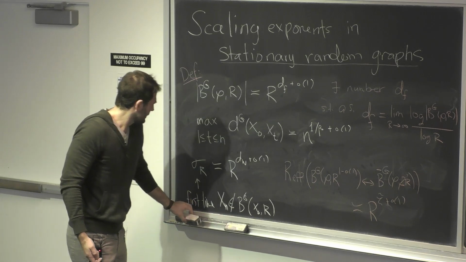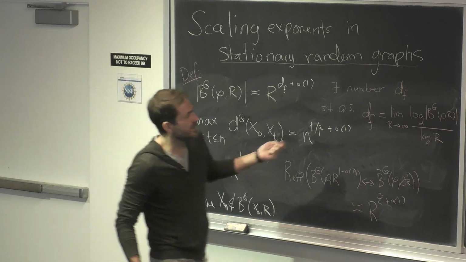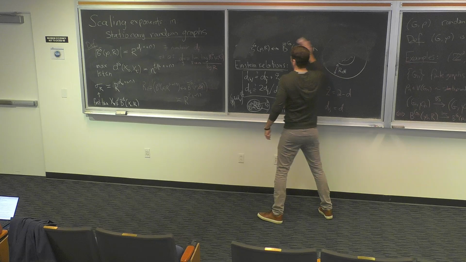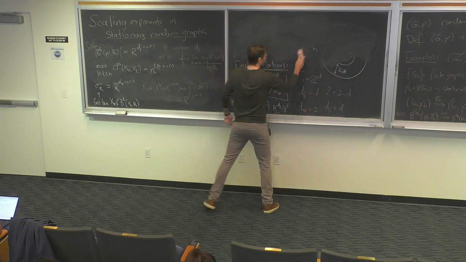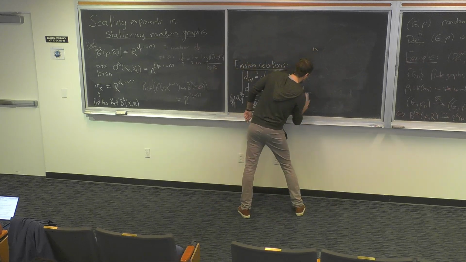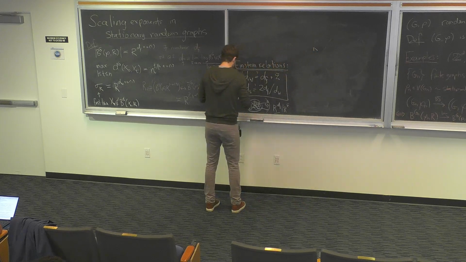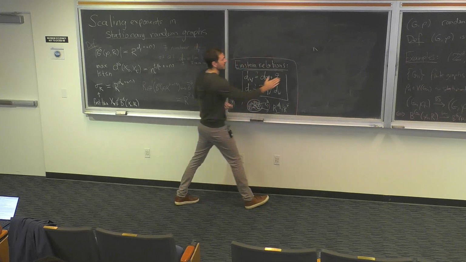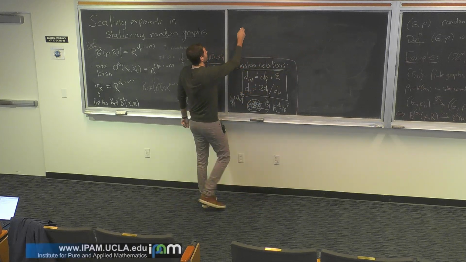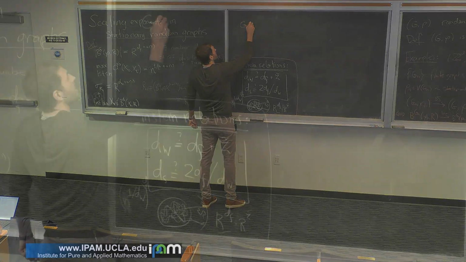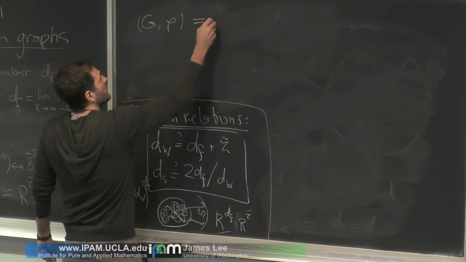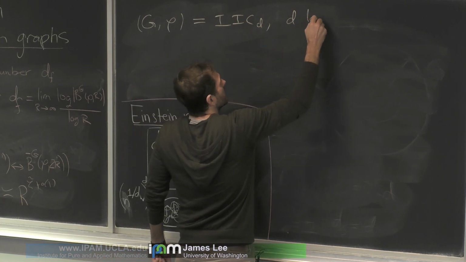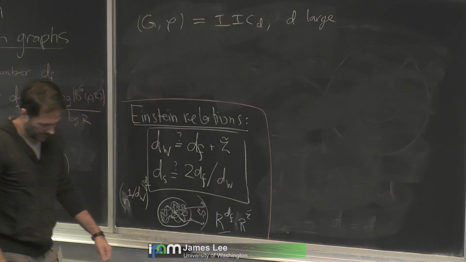Good, so this defines a bunch of exponents. Now let me tell you some concrete models. I'll leave the relations there. Since there was clamor for it, we can look at G as being the IIC in dimension D, for D large.